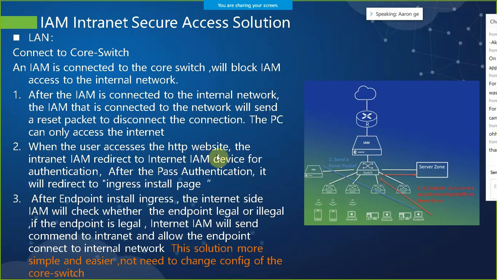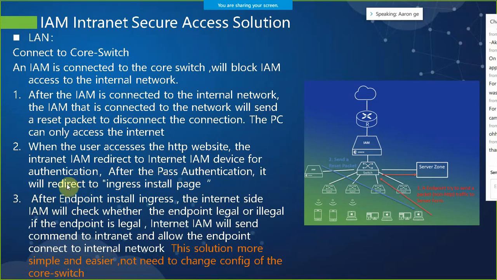When the user accesses HTTP websites, going through the web servers internally, IAM will redirect to the internet IAM device. So for this scenario, there will be two IAMs. One is in inline mode, the other is in bypass mode receiving all the traffic. This IAM will redirect to the internet IAM device for authentication.